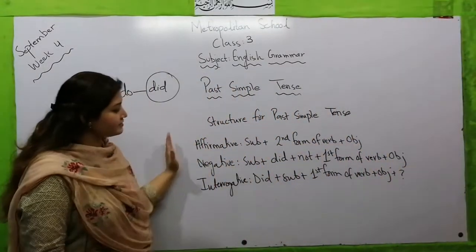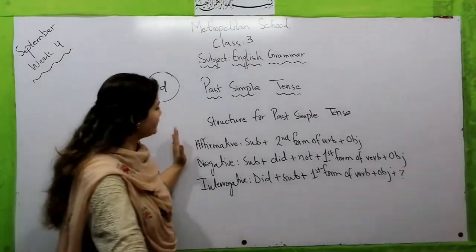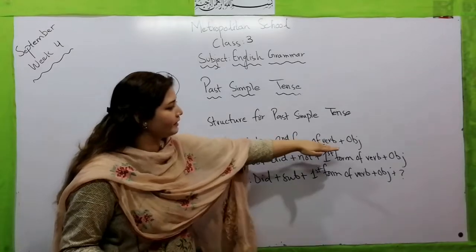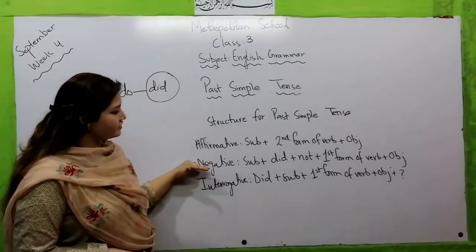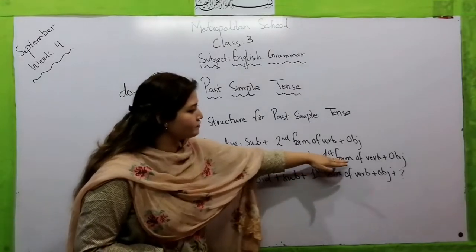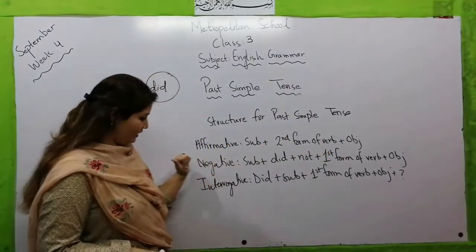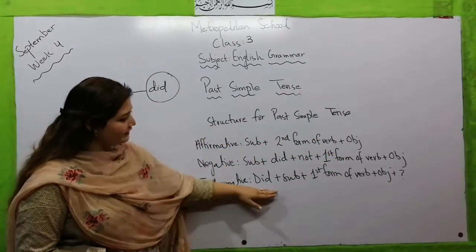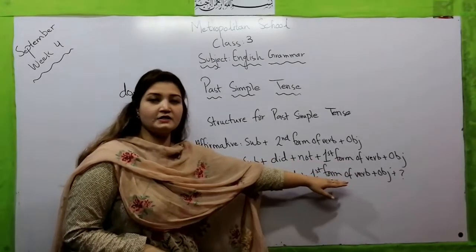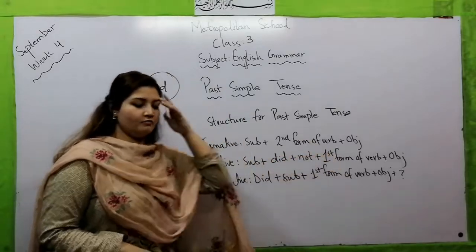Now let's repeat this structure with me. Affirmative: subject plus second form of verb plus object. Negative: subject plus did plus not plus first form of verb plus object. Interrogative: did plus subject plus first form of verb plus object, and then a question mark.